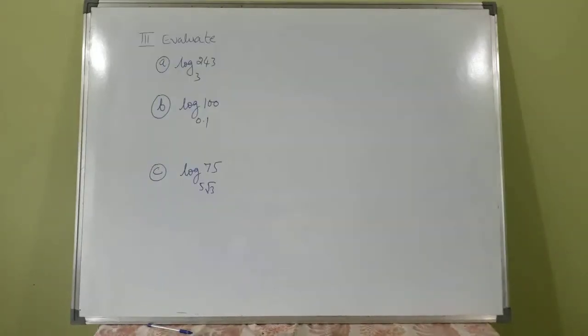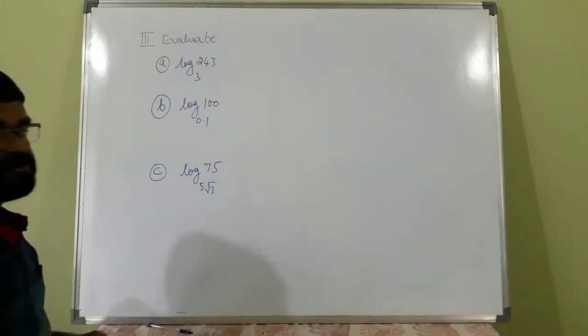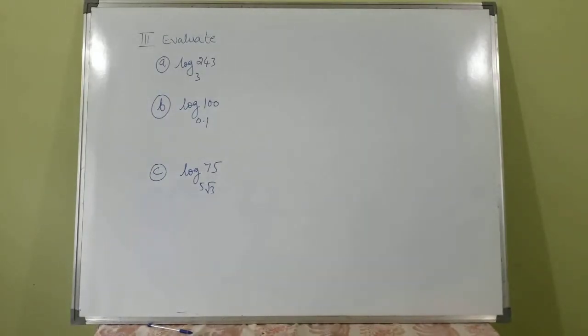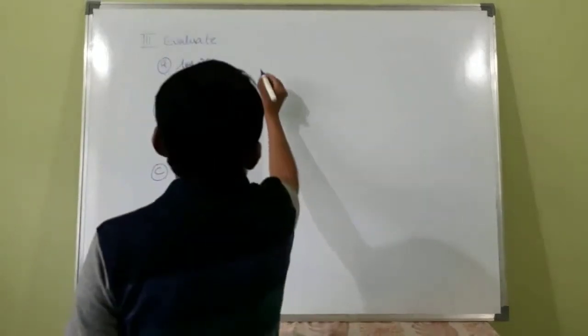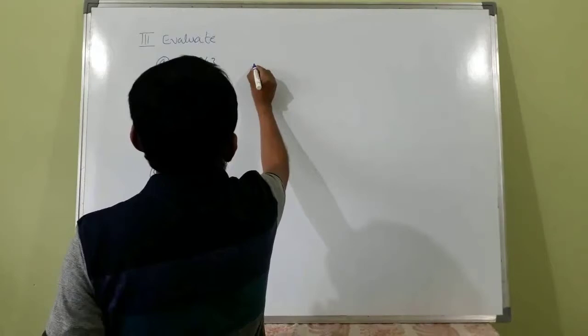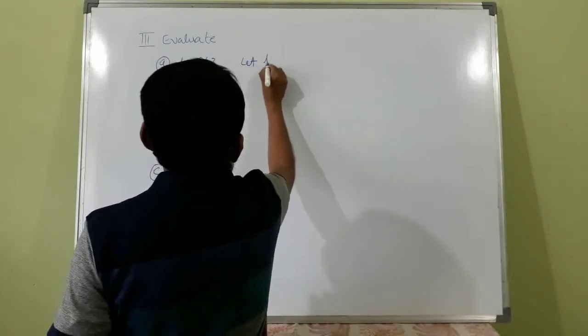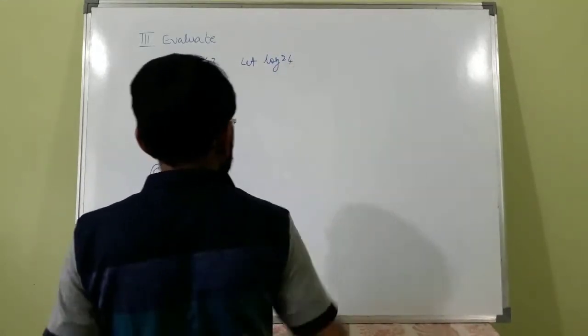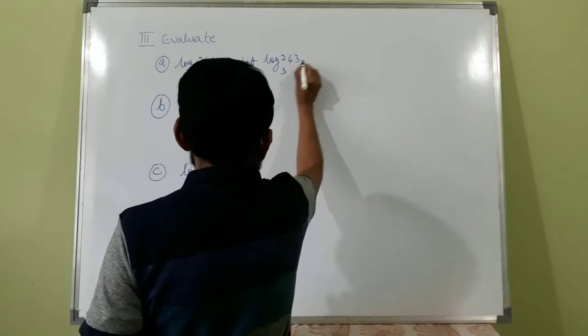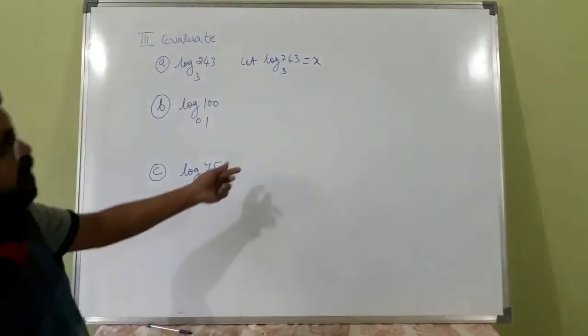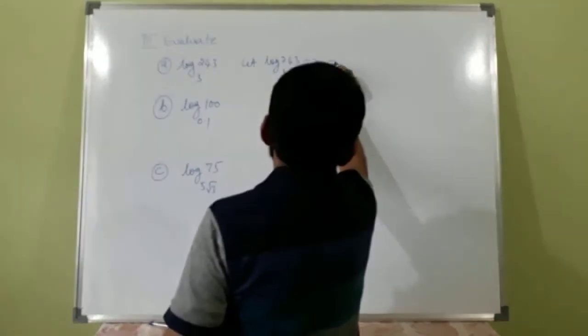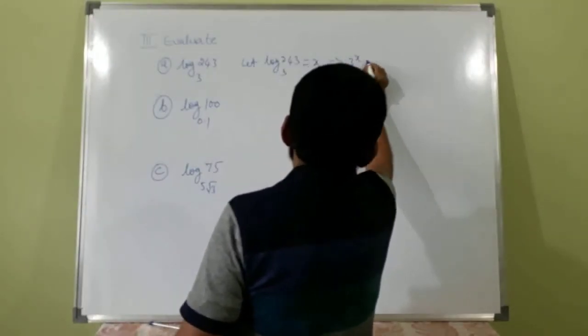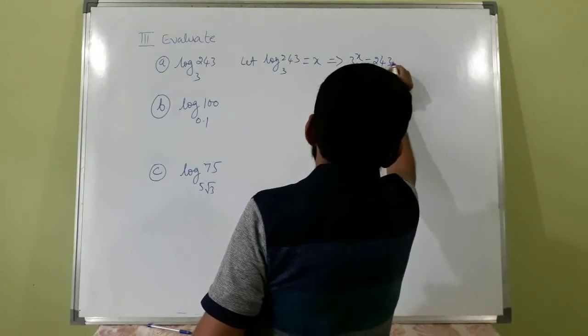See here, this is another type of example. You are asked to evaluate log of 243 to the base 3. We don't know this value. Let log of 243 to the base 3 is equal to x. That implies 3 raised to x is equal to 243.